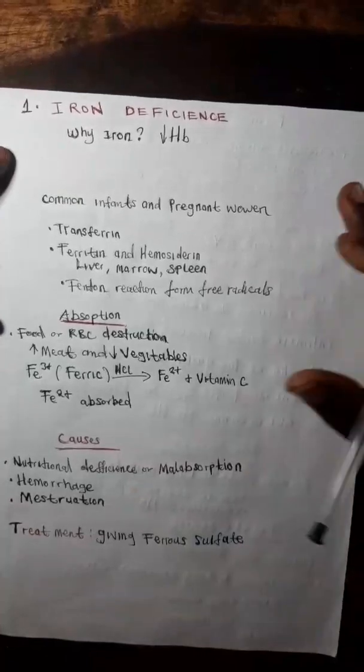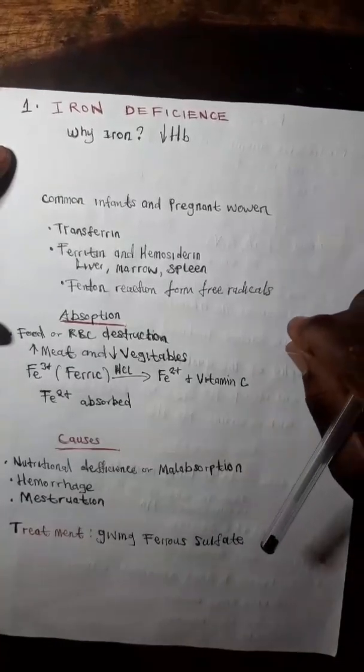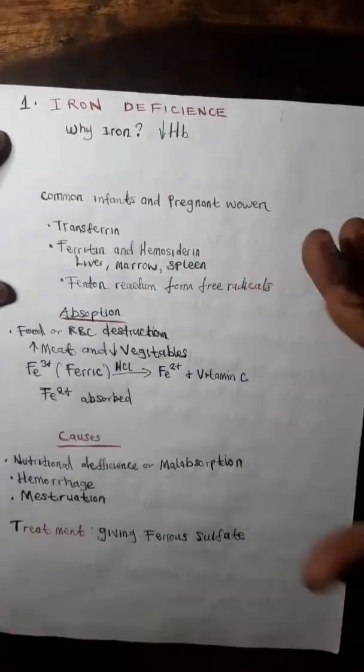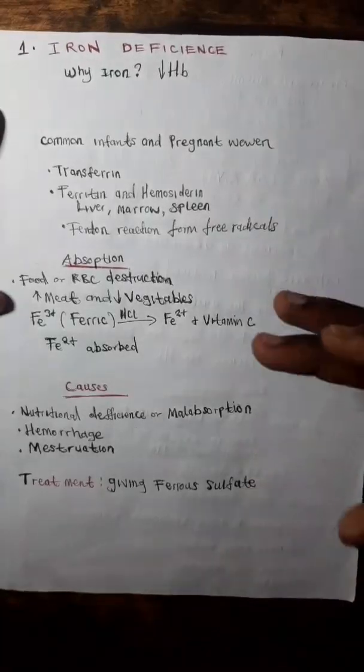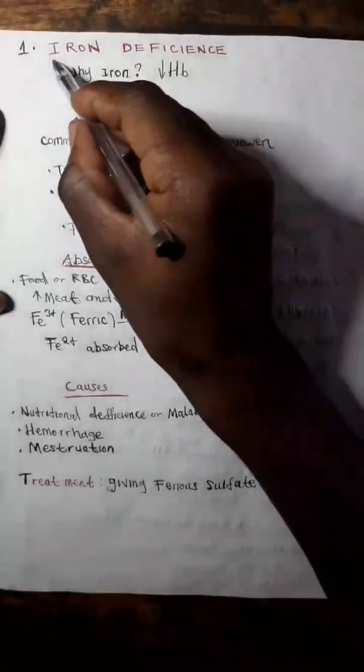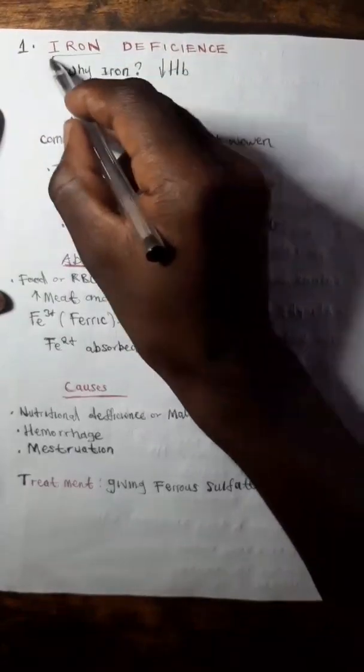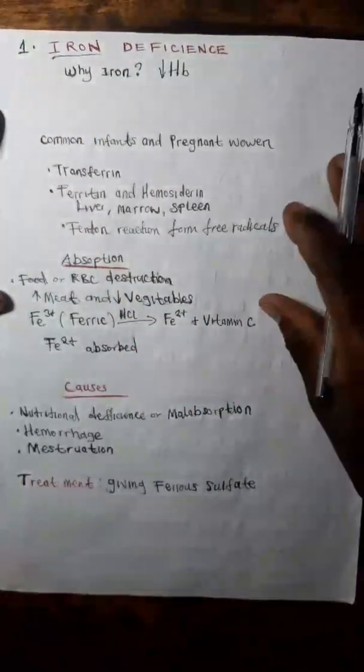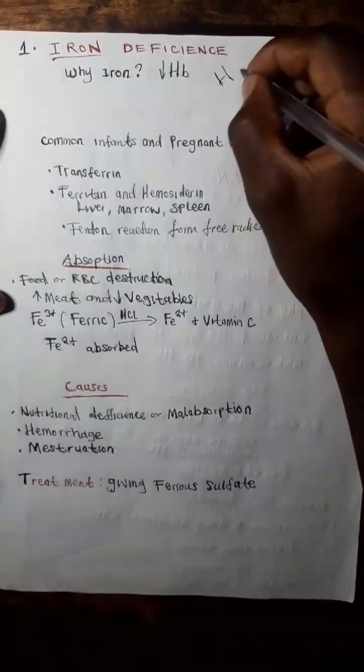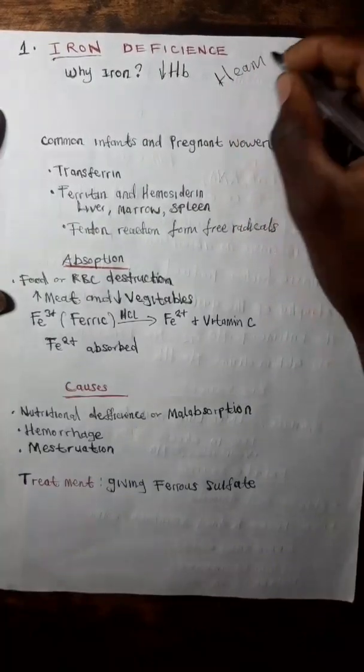Now let us talk about iron deficiency anemia. This simply means anemia that comes as a result of not having the required iron for the heme synthesis.